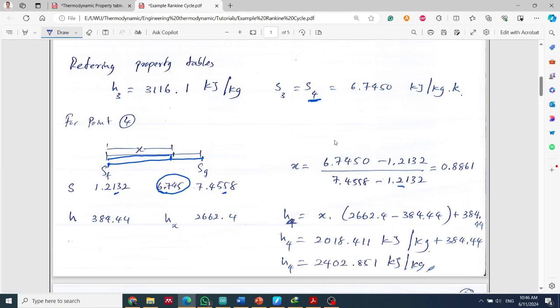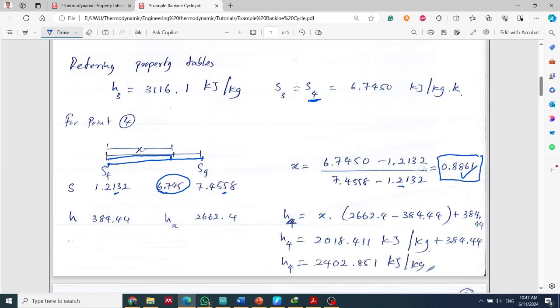So if you do the calculation, you get 0.8861, right. Now we call this value the quality of the steam. If you ask the question what is the quality of the steam at the turbine exit, that means you have to calculate this value, right.